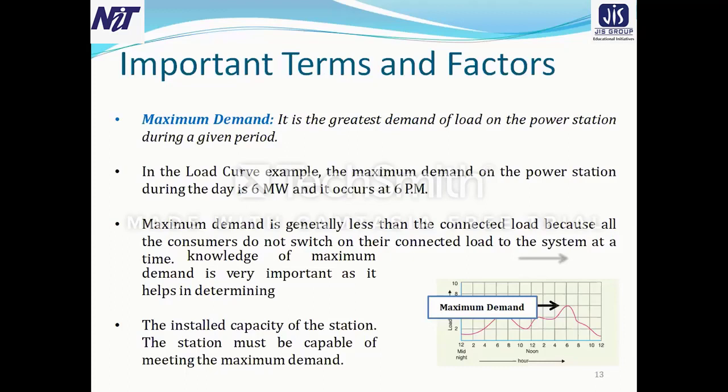The maximum demand is generally less than the connected load because all the consumers do not switch on their connected load to the system at the same time. Knowledge of maximum demand is very important as it helps in determining the installed capacity of the station. So we have to remember all the time that the maximum demand is generally less than the connected load.